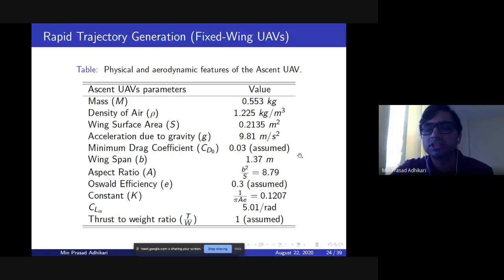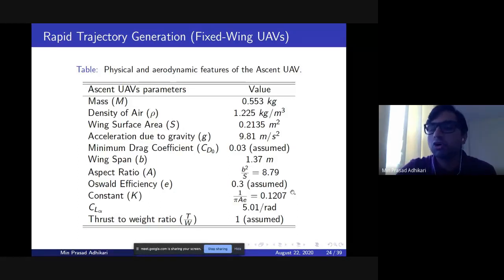So this was based on the paper by Ananda, I guess, and a study on micro UAVs, and these values were assumed based on the plots from there.